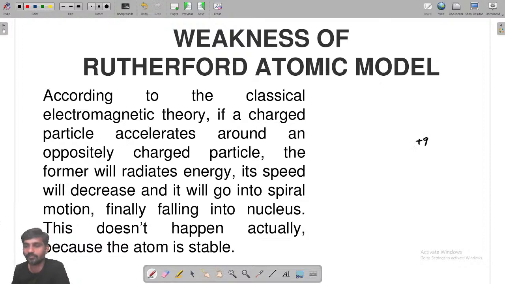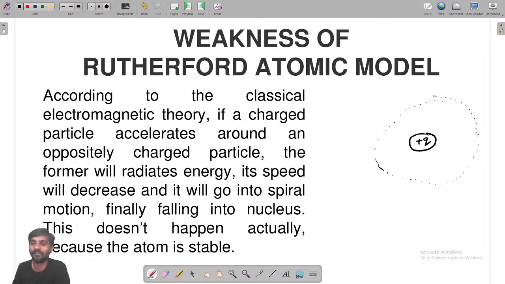Let's say you have a positive charge Q. Around this, a negative charge is moving. Assume that this is going to be a circle or ellipse, whatever. Just assume.